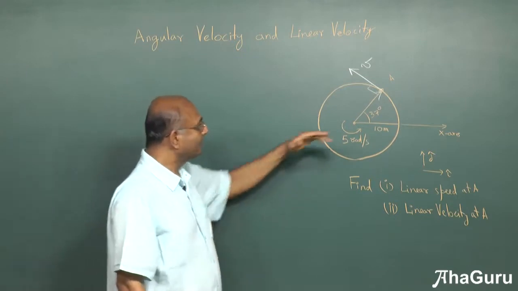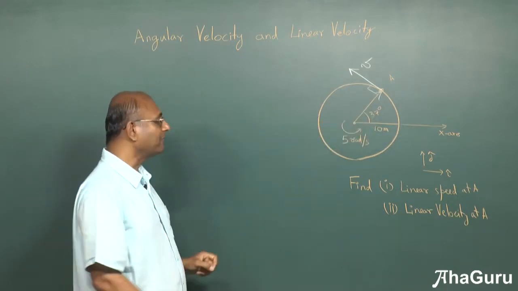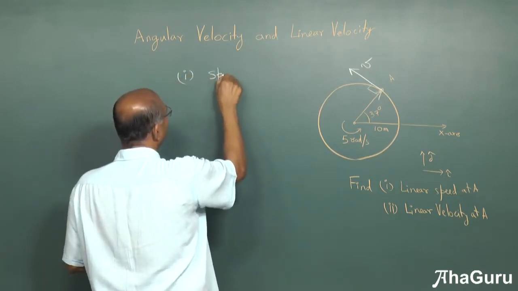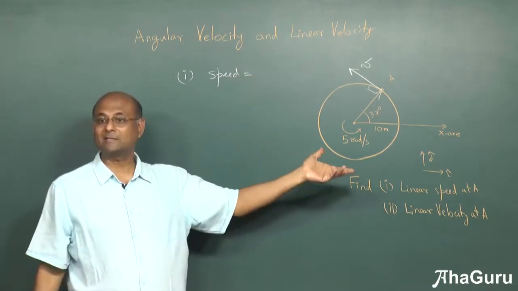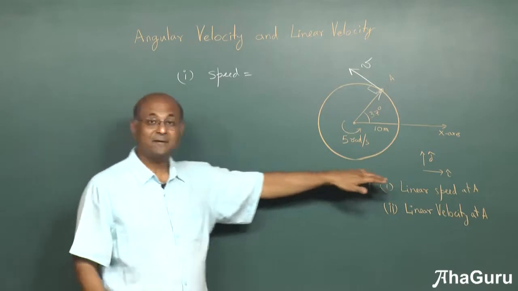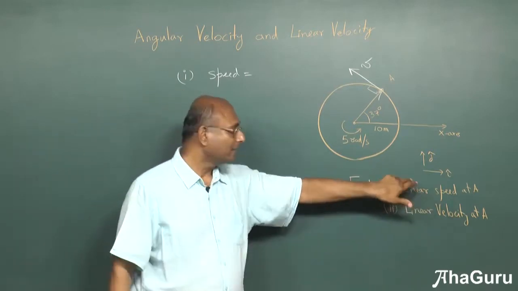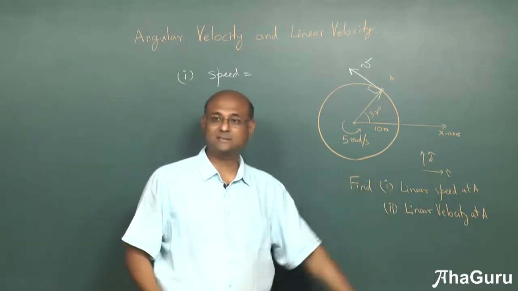Okay. Now when the angle is 37 degrees, we want to find the linear speed and we also want to find the linear velocity. Linear speed is very easy. Sometimes if I don't write linear, I just write speed. What does it mean? Linear speed. But if I want to talk about angular speed, you must say angular velocity or angular speed. If you don't use the word angular, it does not mean angular. But linear, if you don't write, it means linear.